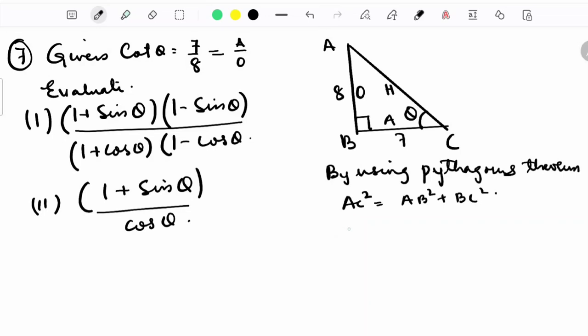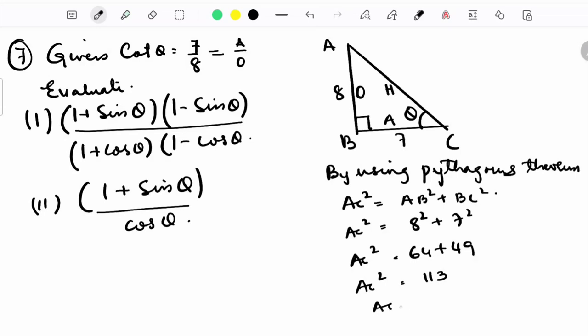Okay, now AC square will be equal to AB is 8 square plus 7 square. AC square will be equal to 64 plus 49. AC square will be equal to 113. AC will be equal to root of 113.